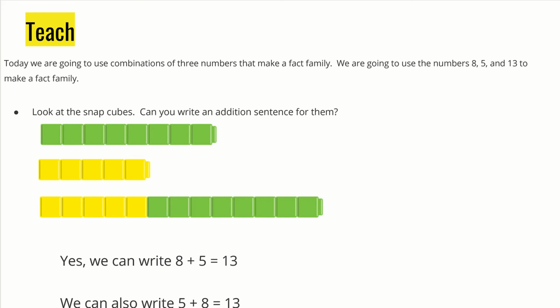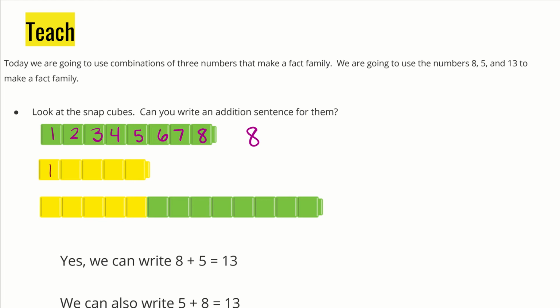So let's look at our snap cubes. We can write an addition sentence for them. Let's first look at our green. We have 1, 2, 3, 4, 5, 6, 7, 8 green cubes.